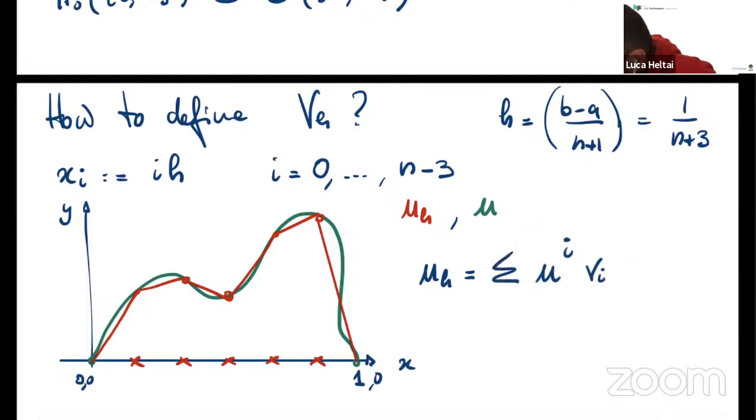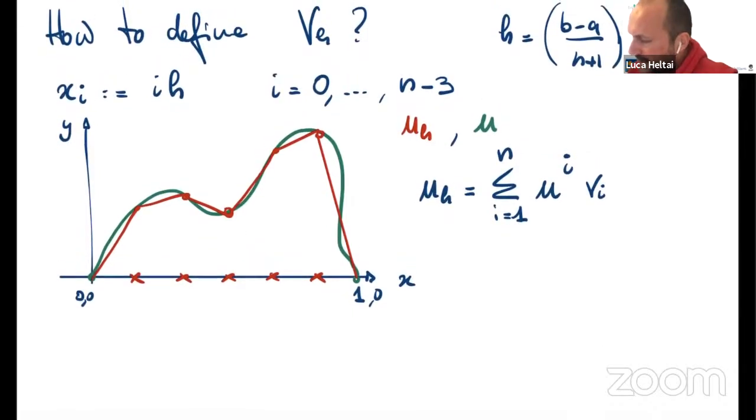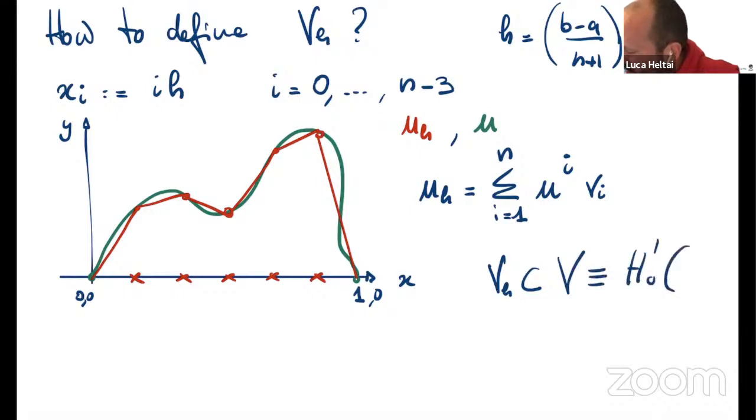I would like to write the sum for i that goes from 1 to n of ui, vi. And we would like to understand exactly how to construct Vh, which is a subspace of capital V, which we said at the beginning is H1 0 of the interval 0, 1. Okay?